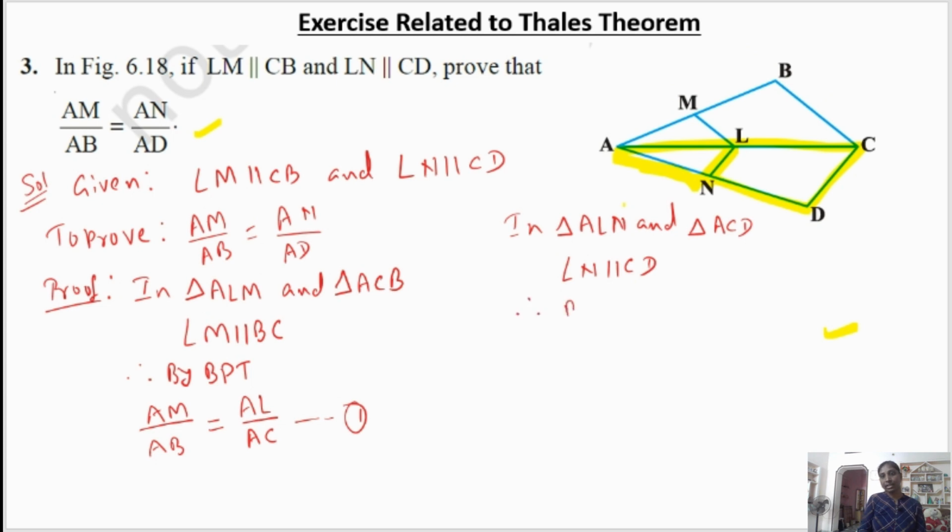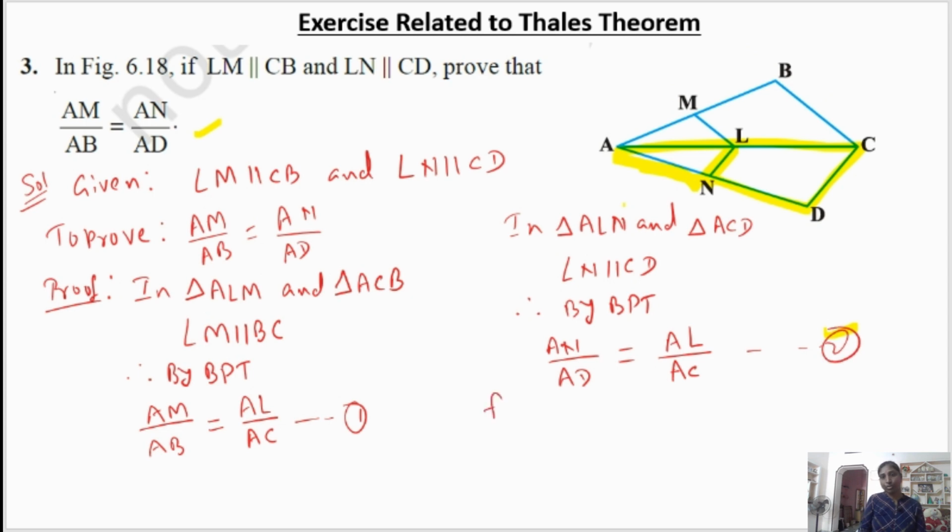Therefore by BPT we can write that AN by AD is equal to AL by AC. Now give it equation number 2.